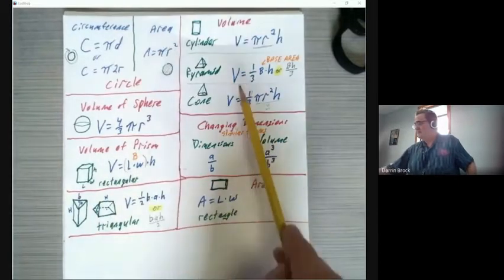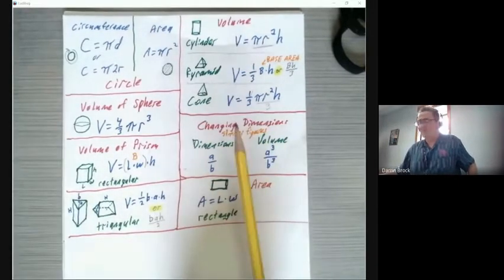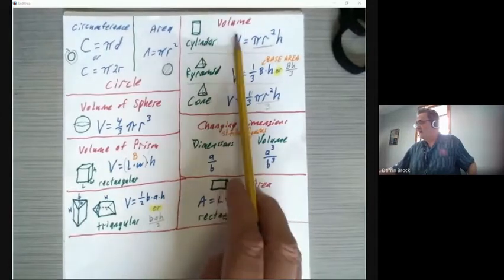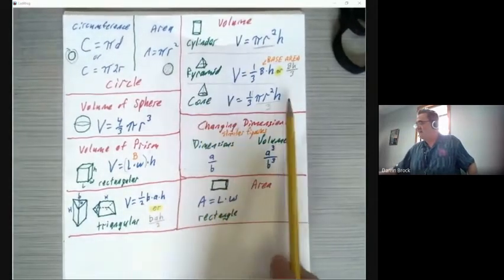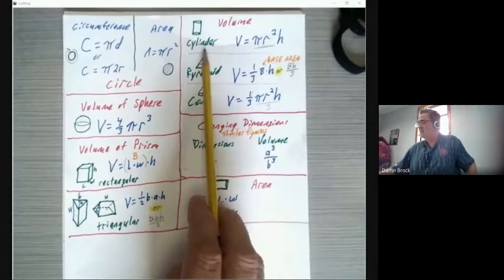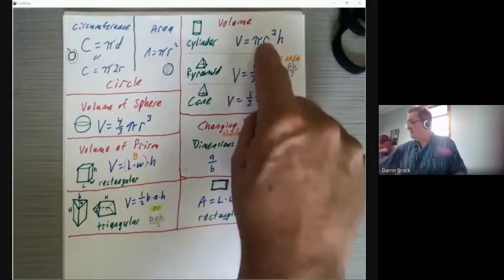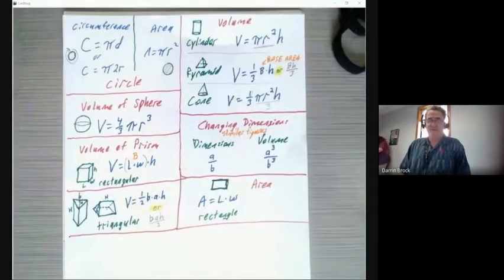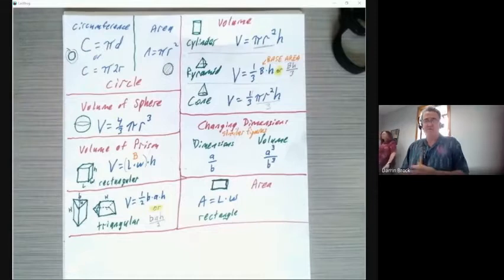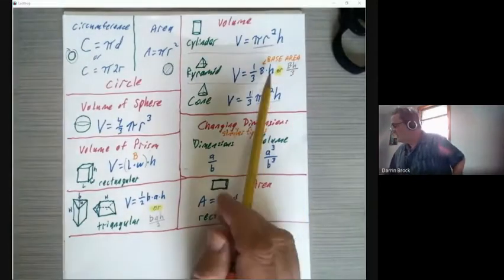We're using these formulas here in 801: the volume of a cylinder, volume of a pyramid, volume of a cone. So I have those equations along with the words and the little diagrams just to help me remember what goes with what, right? If I just have these equations, that's not going to be very useful if I don't remember what those are used for. So this is for a pyramid.